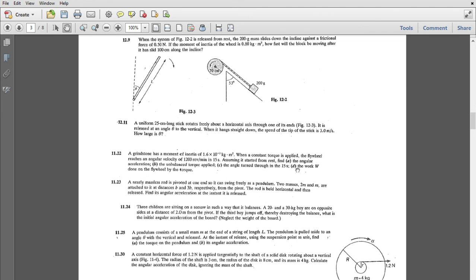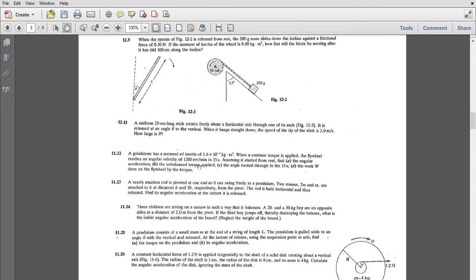D, the work done on the flywheel by the torque. Okay, so we can say this thing isn't changing potential energy at all because it's just spinning in place. Its center of mass isn't moving, so it's only changing kinetic energy, and that means the net work done by external forces, and the only external force doing work that's changing its kinetic energy is the torque on the flywheel.